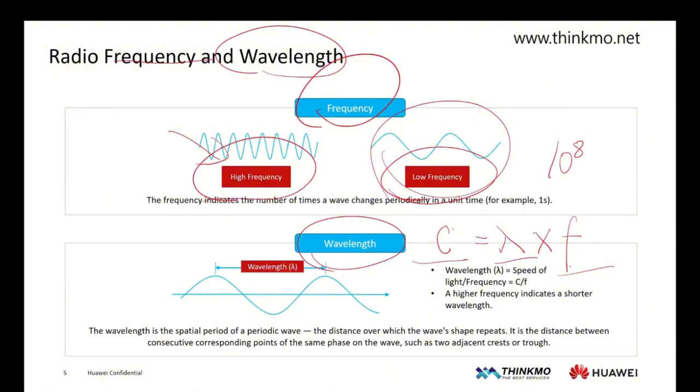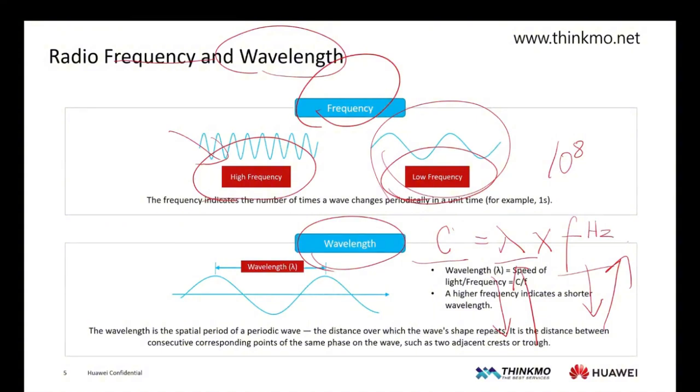From this formula, we can see that if lambda, the wavelength, increases, then the frequency will decrease. If the wavelength decreases, then the frequency will increase. The relationship between wavelength and frequency is inversely proportional. For example, in the millimeter waves mentioned in 5G, if the wavelength reaches the millimeter level, the frequency will correspondingly increase.